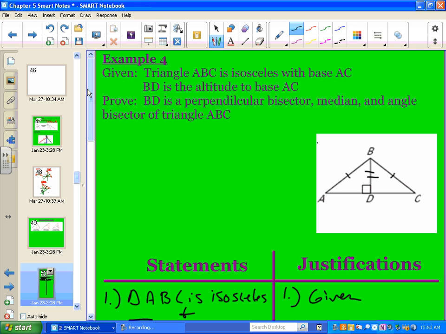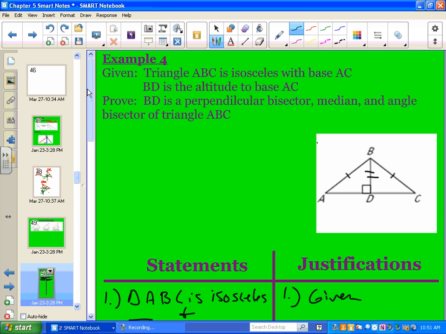Why is BD a perpendicular bisector? It's not the perpendicular bisector theorem, it's actually the what? It's the converse, but you're missing one thing. What is she missing?